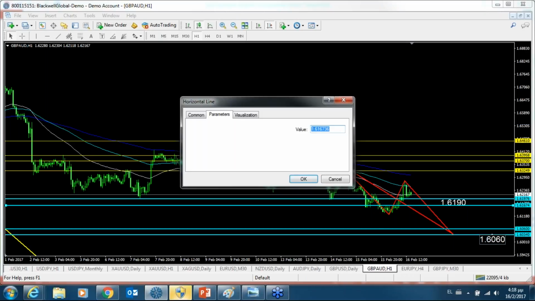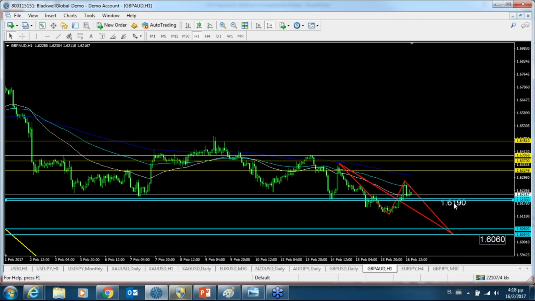Let's do that. 6190. Okay, there we go. So we've got that lower line there. Okay, 6190, ideal entry area, looking into potential take profit or exit area above the 50.